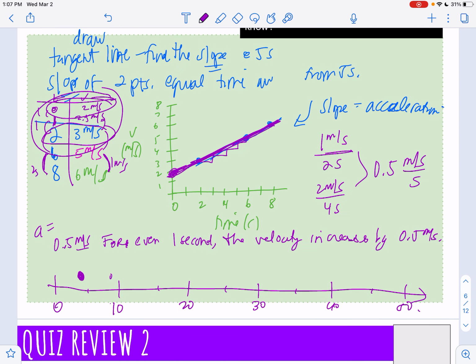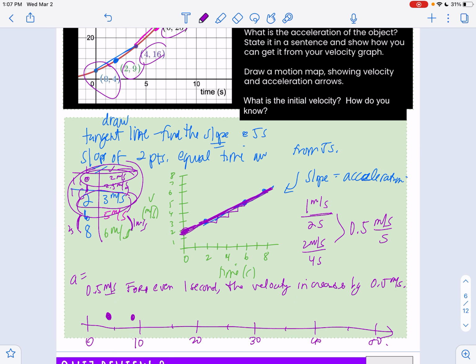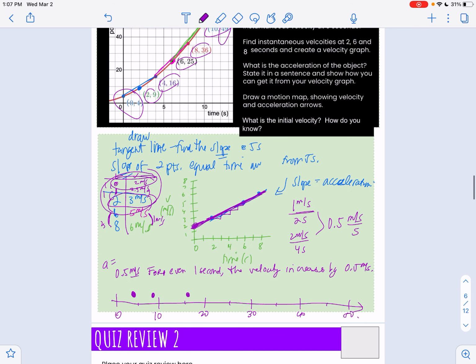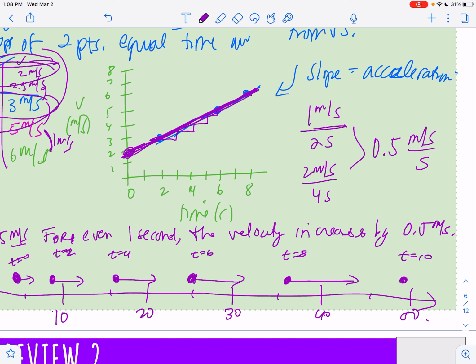The points are 2, 9, then 4, 16, 6, 25, 8, 36, and 10, 49. These are 2-second ticks: t equals 0, 2, 4, 6, 8, and 10.